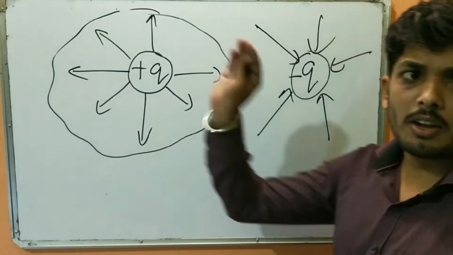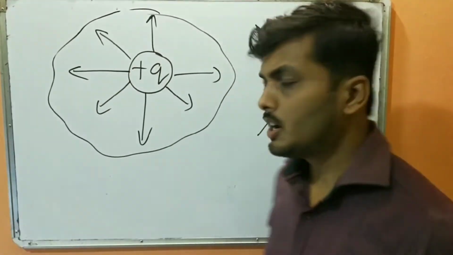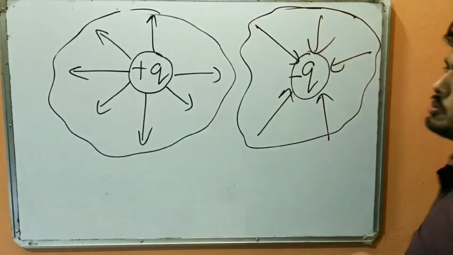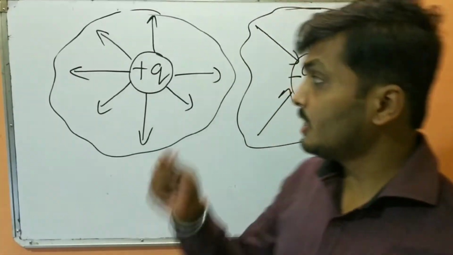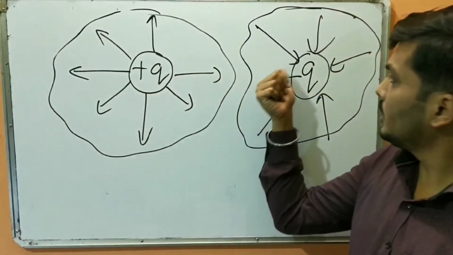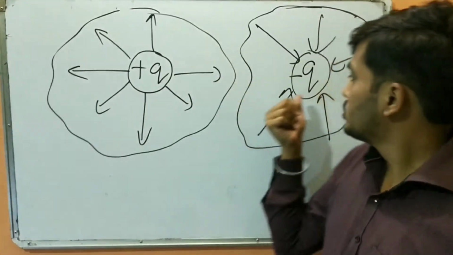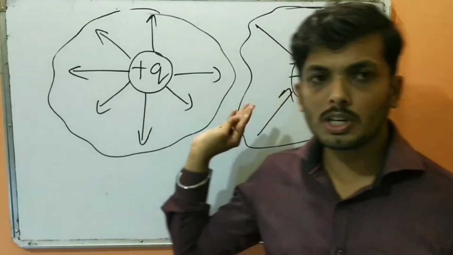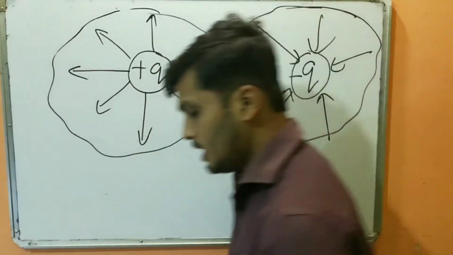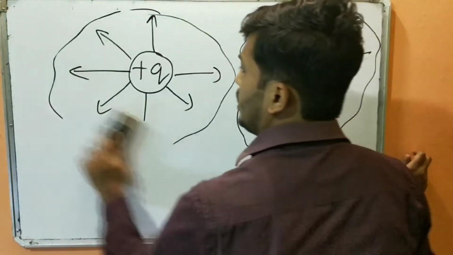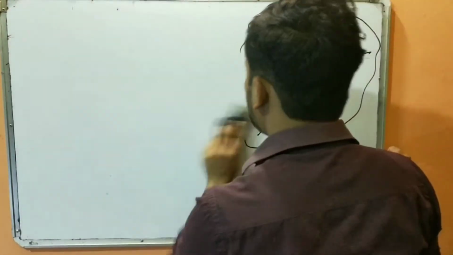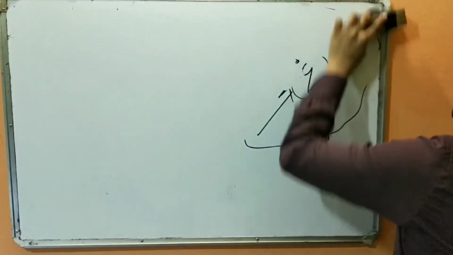So again, the electric field definition assumed one kind of space, and that electric field we are now representing in terms of electric field lines. So for a negative charge, they are always pointed radially inwards, and for a positive charge, they are always pointed radially outwards. So this is for an isolated charge or a single charge. Suppose I have a two charge system, what will happen?